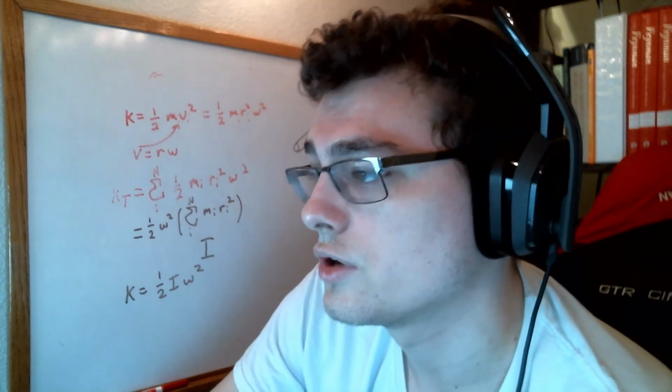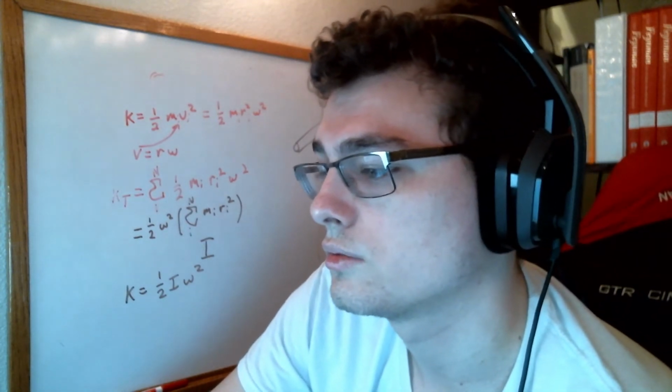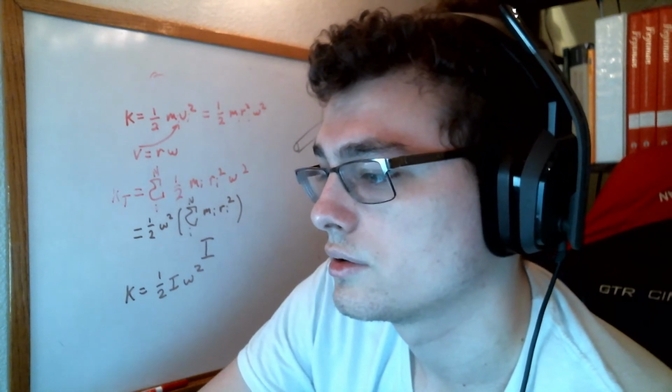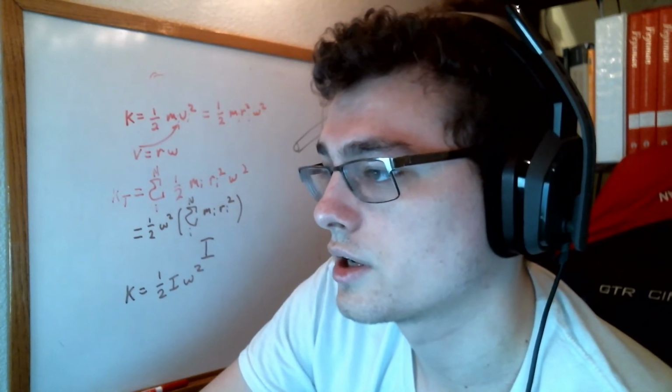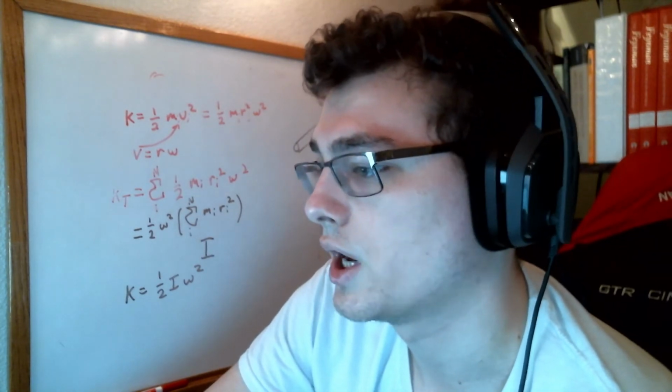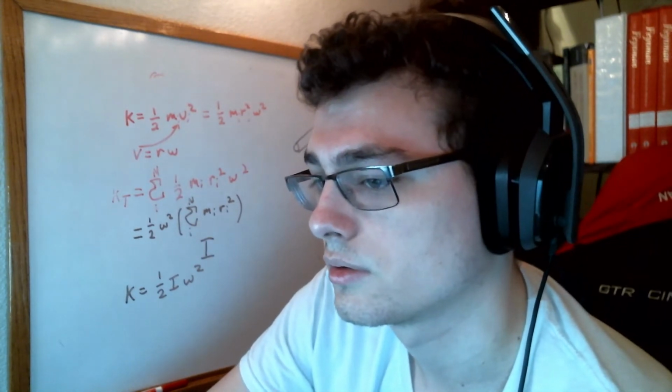And so we're going to want to extend a couple other theorems here before we end this chapter. Okay, class. So the next thing that we're going to discuss is the parallel axis theorem.